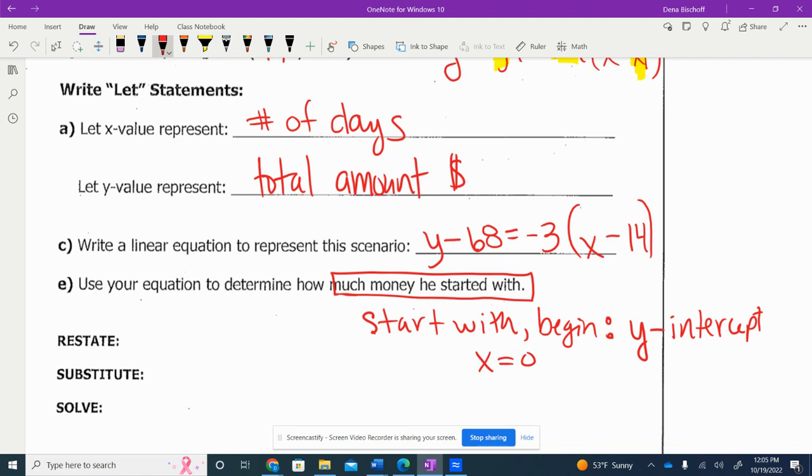Does that make sense? We could transform this into y equals mx plus b, but we really don't need to. Let's just plug in a 0 for x because we know that's when the intercept happens. So I'm going to let x equal 0 to find the y-intercept.